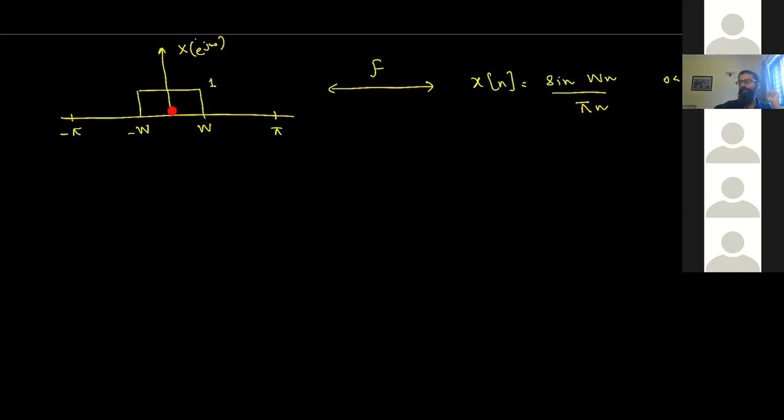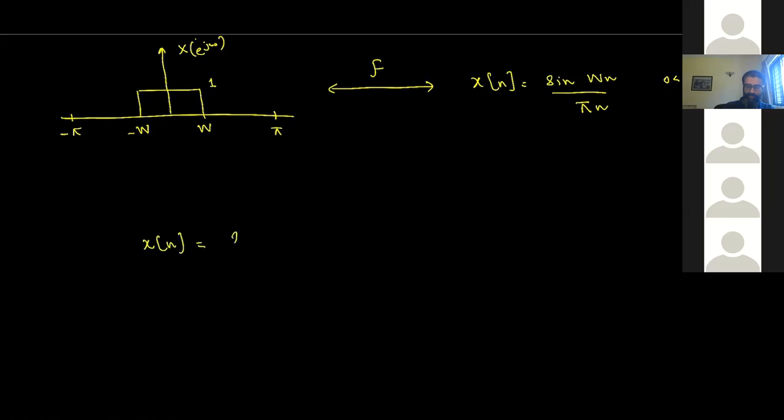But for this, w has to be between 0 and pi for this transform relationship to hold, right?